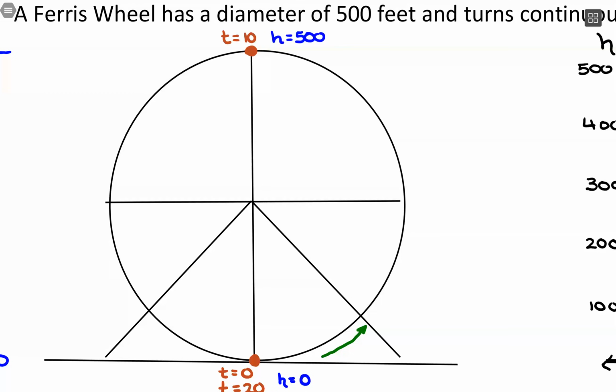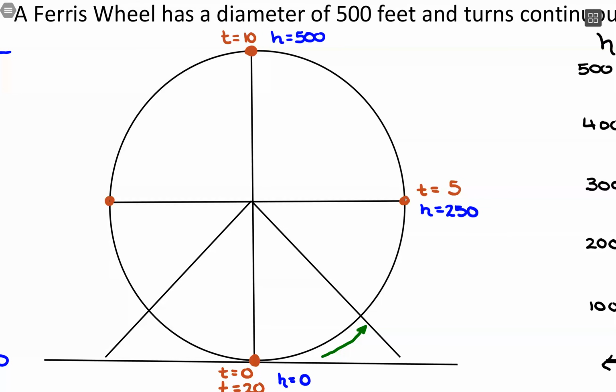And then what we could do is think about these kind of quarter of the way marks. So for both of these, we want to think about time and height. So for time, this is the halfway mark between 0 minutes and 10 minutes, so that'll occur after 5 minutes. And then for height, we'll be halfway between 0 and 500, so this will have a height of 250.